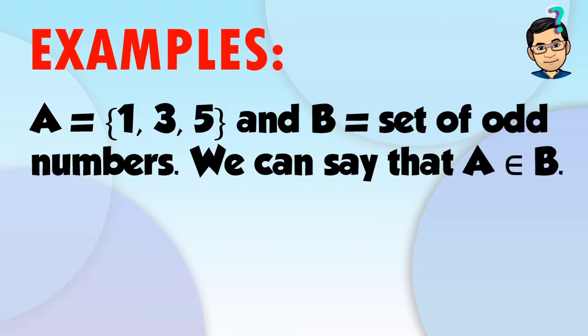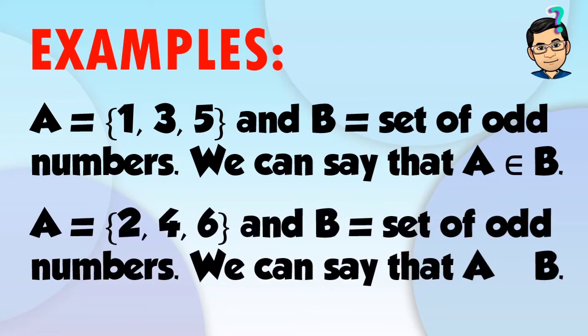That is correct. But, if the elements of A are 2, 4, 6, and set B is the set of odd numbers, we can say that A is not an element of B because 2, 4, 6 are not considered as odd numbers. Rather, they are considered as even numbers. So, yan po yung pagkakaiba ng element tsaka non-element. For example, yung kanina, yung prutas.